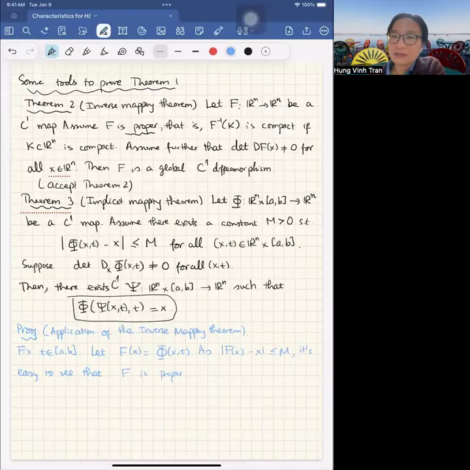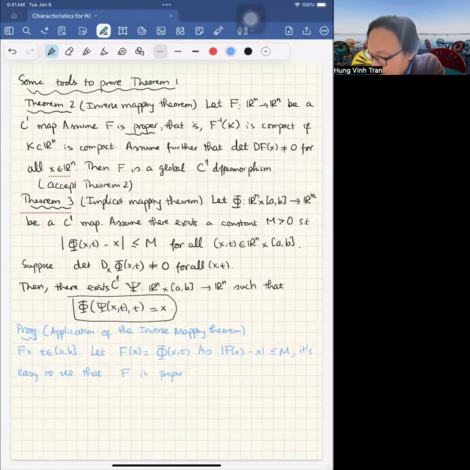I just don't want to write it down, but you see that it's bounded away from the identity map, right? So f inverse of a compact set has to be bounded, and as I said, it's already closed, so it has to be a compact set. That's the whole proof. So it's proper.